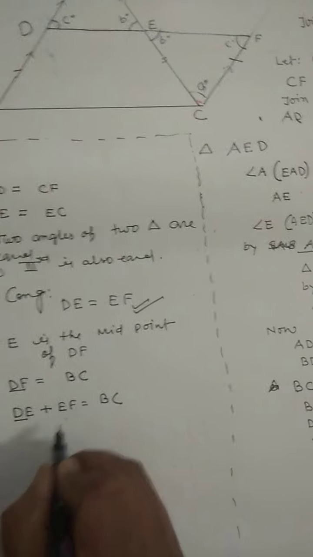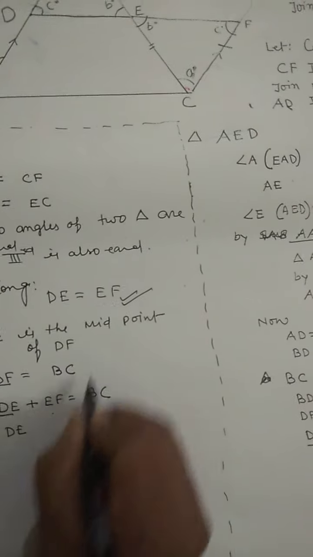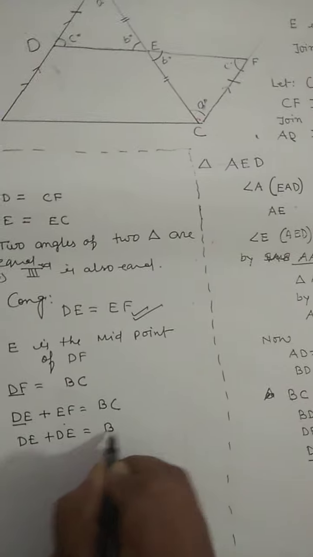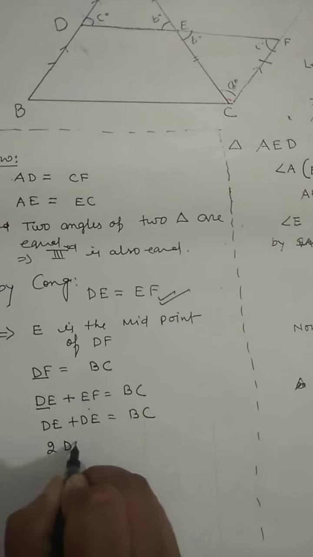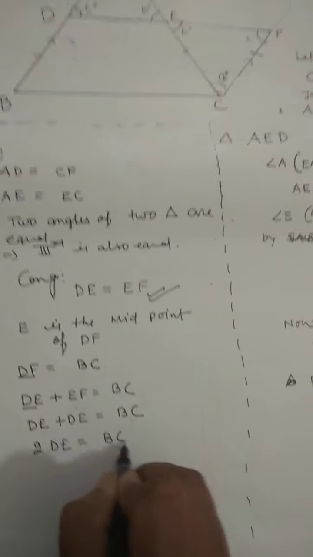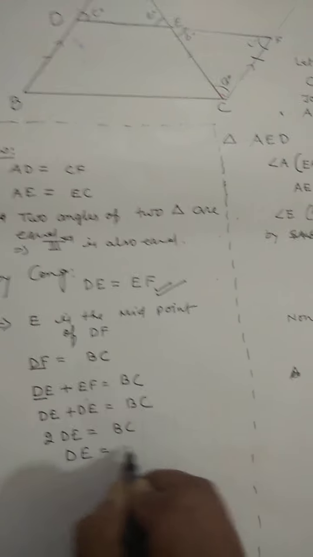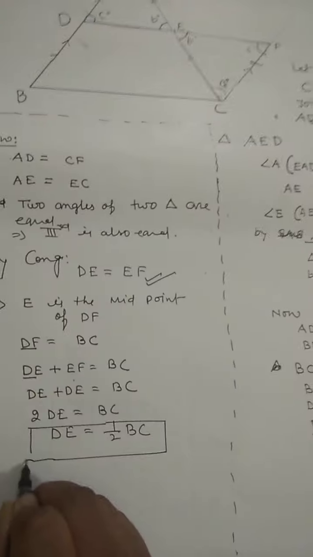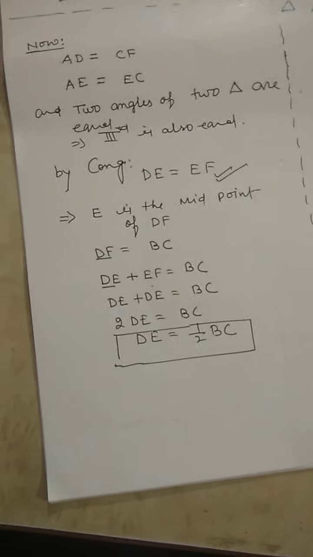EF is also equal to DE. So 2DE is equal to BC. So DE is equal to half of BC. This is the result in the midpoint theorem.